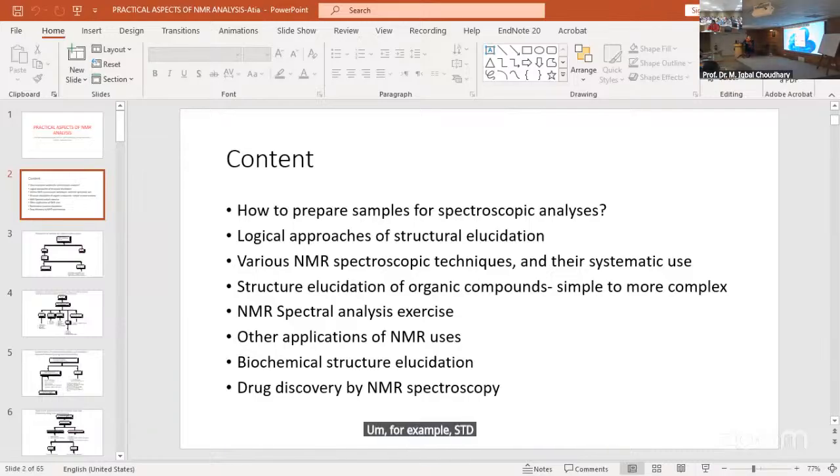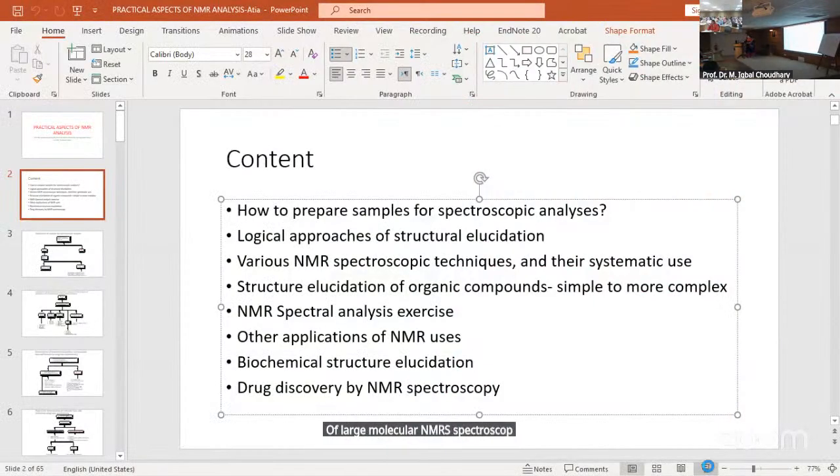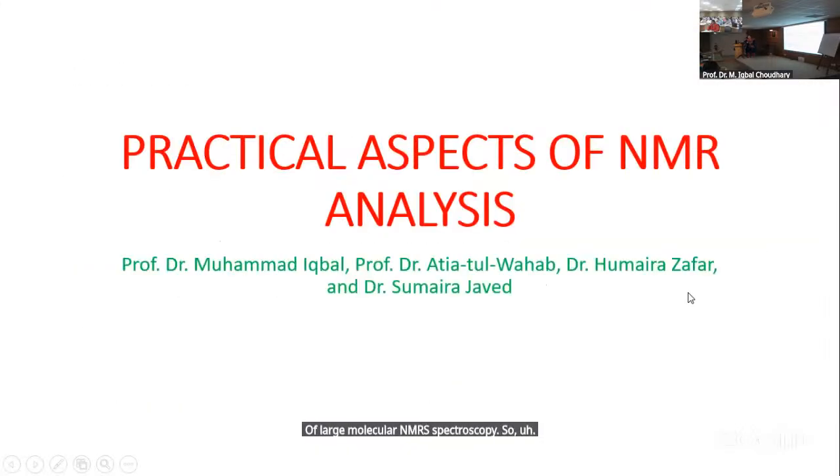And then we will also be discussing a very few aspects of large molecular NMR spectroscopy. So that is the same.